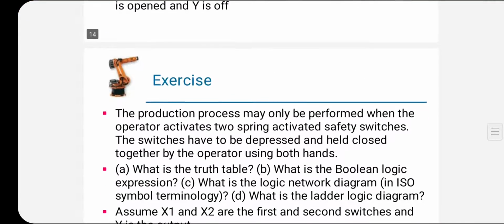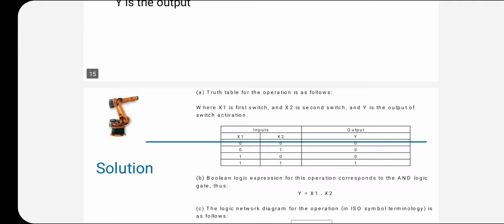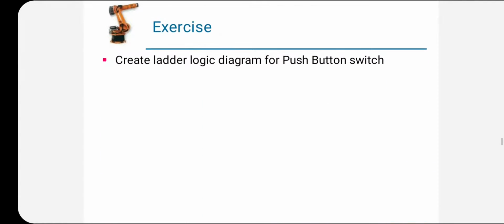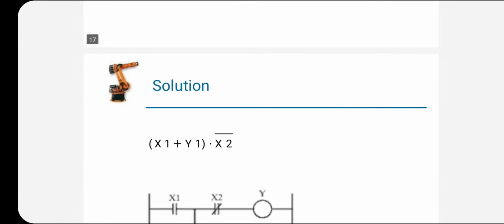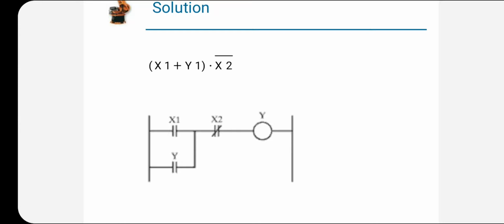This type of example you can get in the exam, and this is necessary to design basic circuits. So let us note down a few exercises for ladder programming. Let us create a ladder logic diagram for a push button switch. We'll see the solution. Here it is, a push button switch, x1 plus y1 into x2.